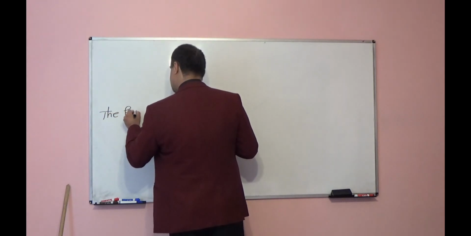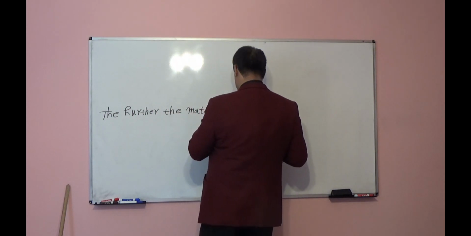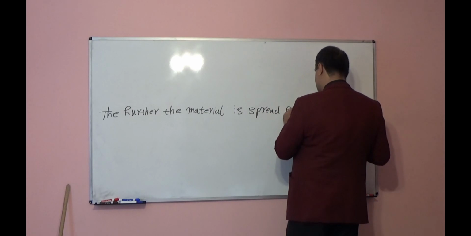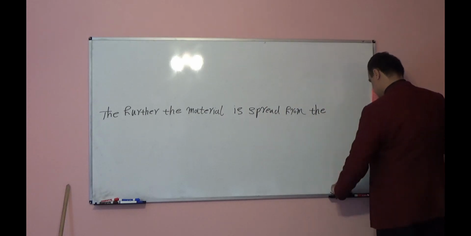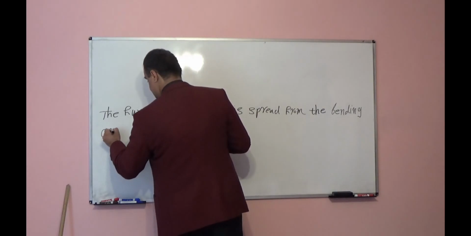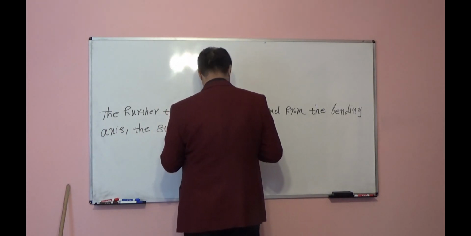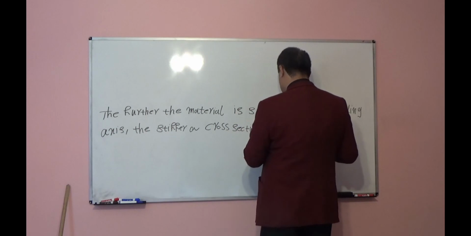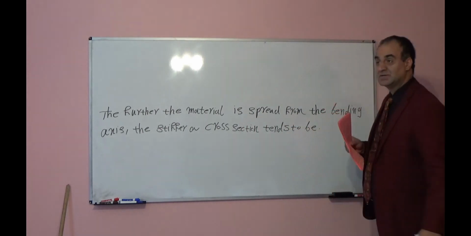The further the material is spread from the bending axis, the stiffer a cross section tends to be, meaning more resistance.